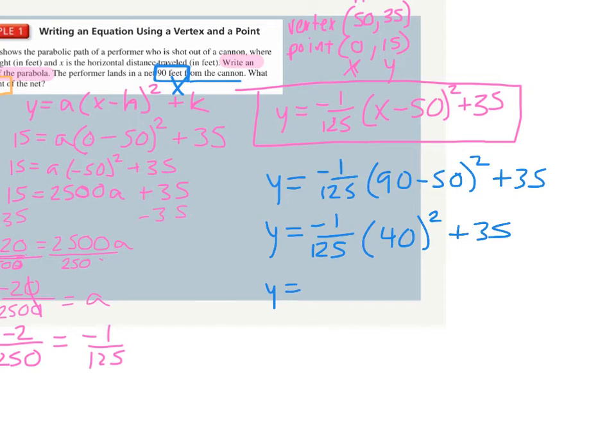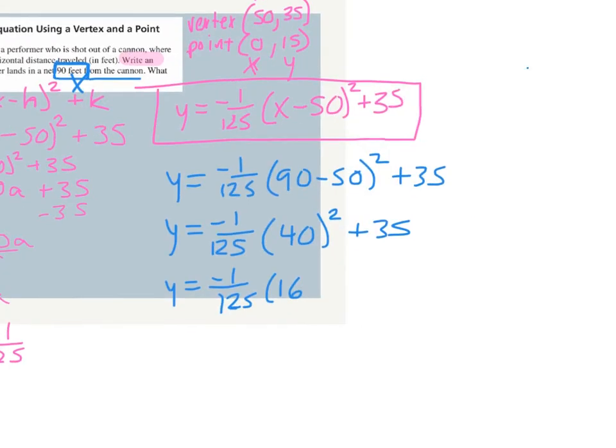What's 40 squared? Remember, if we have 40 times 40, 1,600. Perfect. We need 2 zeros, so it would be 1,600 plus 35.